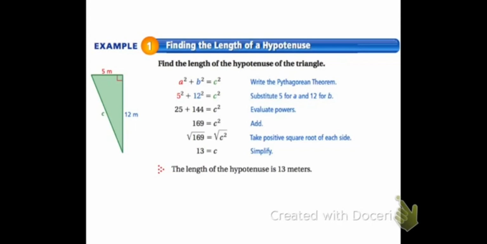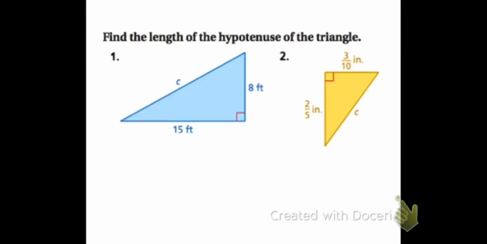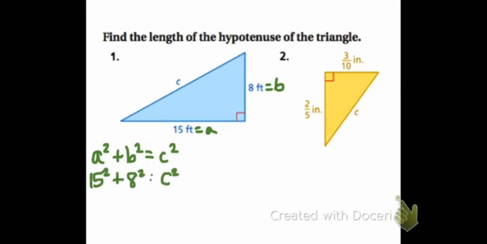We'll try that. Here's our first one. Find the length of the hypotenuse. So we have to determine which part is A and which part is B. We'll write the Pythagorean theorem, a squared plus b squared equals c squared. Substitute in the values. 15 squared is 225, 8 squared is 64, and when we add them, we'll get the area of a square that would be located at the hypotenuse.